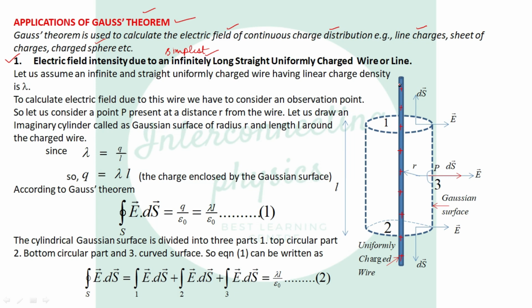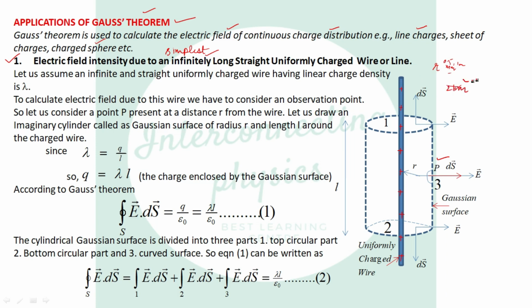Now, what does infinitely long mean here? The point P where we wish to calculate the electric field, if this point is very near to the wire, then as compared to this distance, the wire may be considered as infinitely long. Suppose the distance R is some millimeters, say 0.5 millimeter or 1 millimeter, and the length of the wire is in meters, say 10 meter or 2 meter.